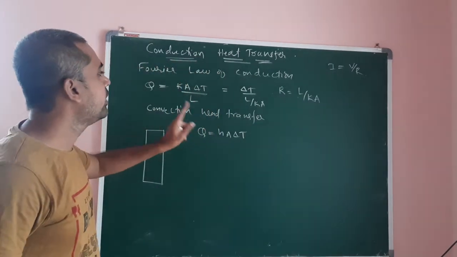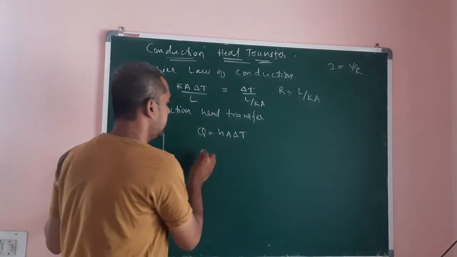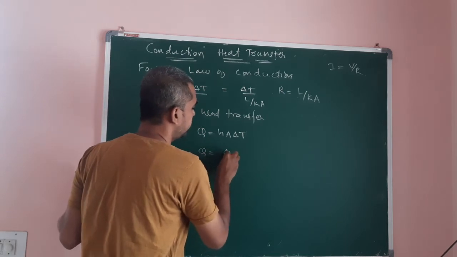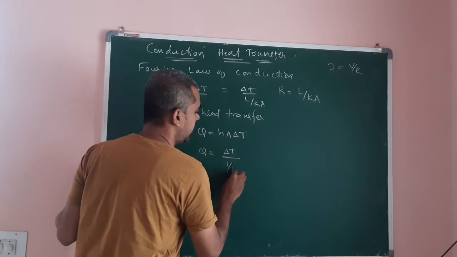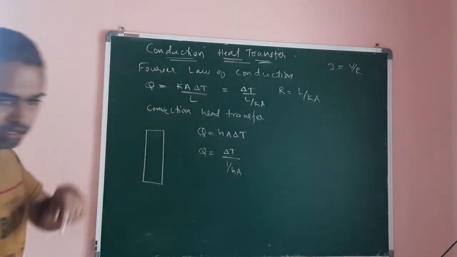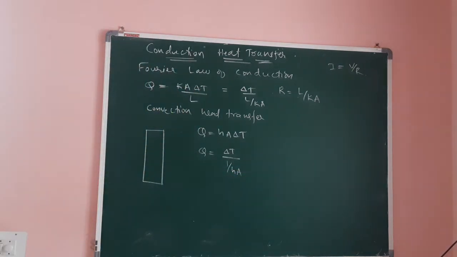In a similar way, convection heat transfer can also be expressed as Q is equal to delta T divided by 1 by hA.